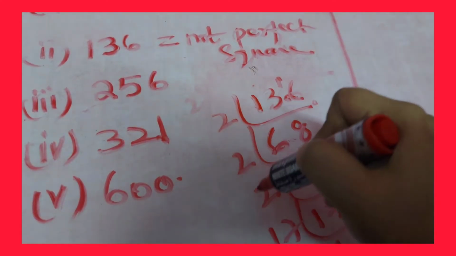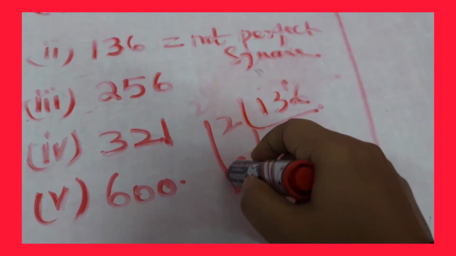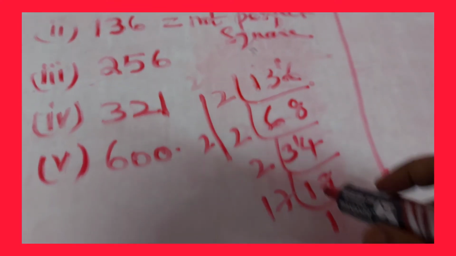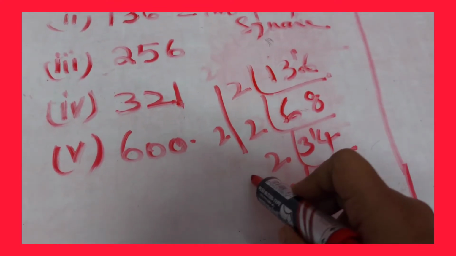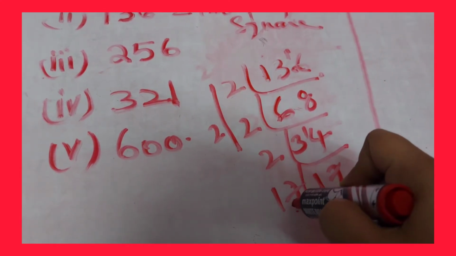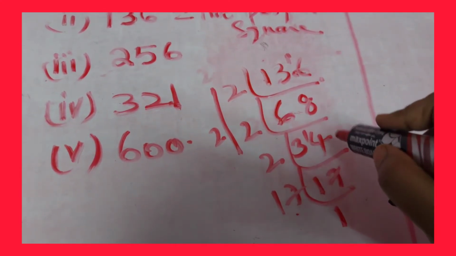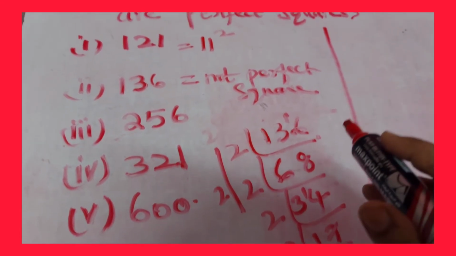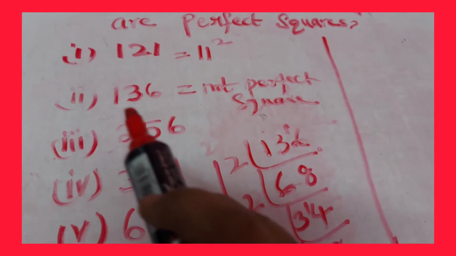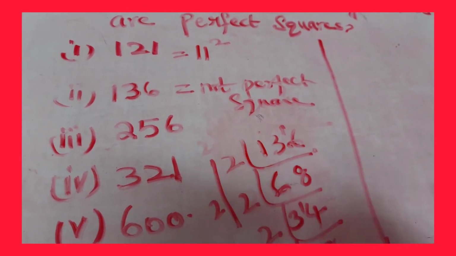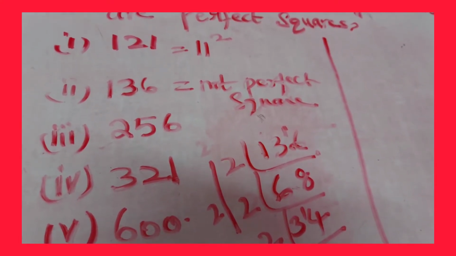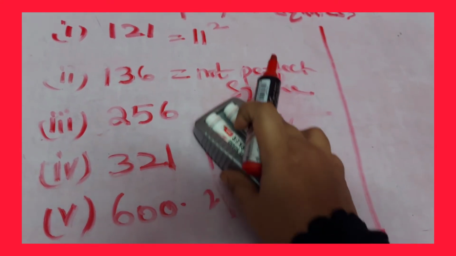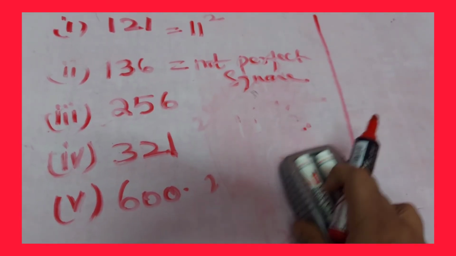To find a perfect square, you have to take two equal numbers as one number. Here it is 2 into 17, so it is not a perfect square. If you multiply two numbers, you have to get the same number; then only it is a perfect square. So 136 is not a perfect square.